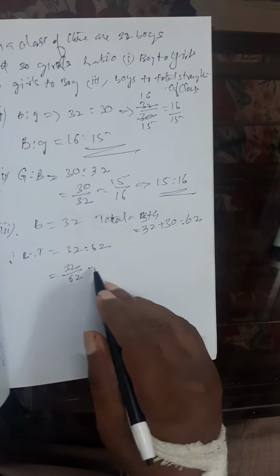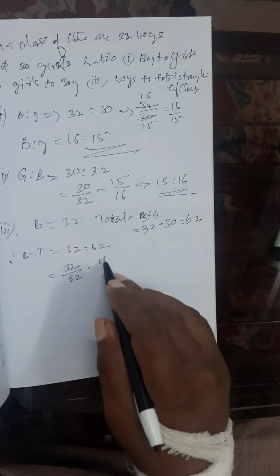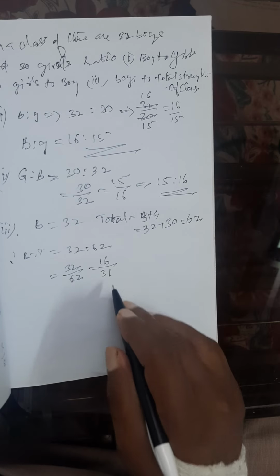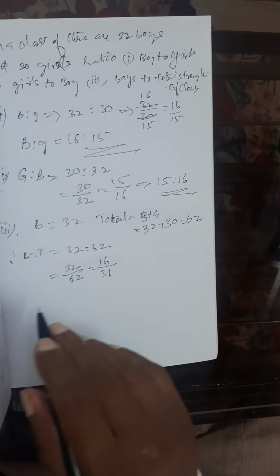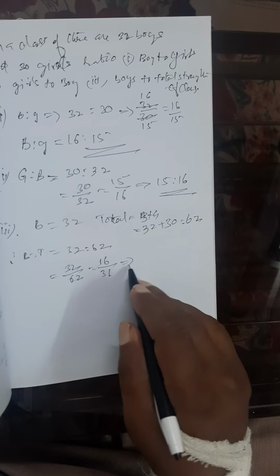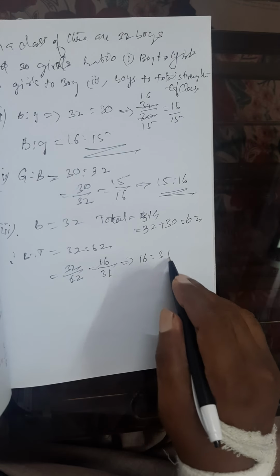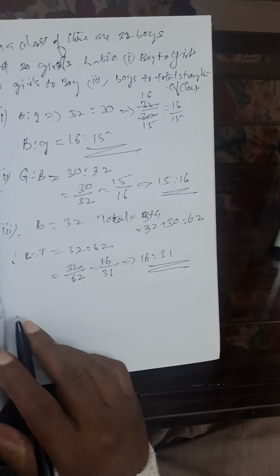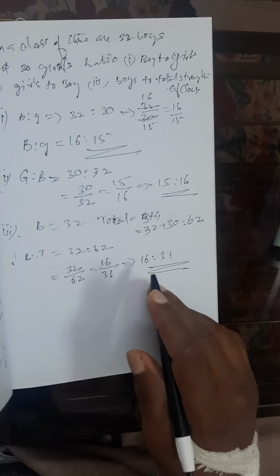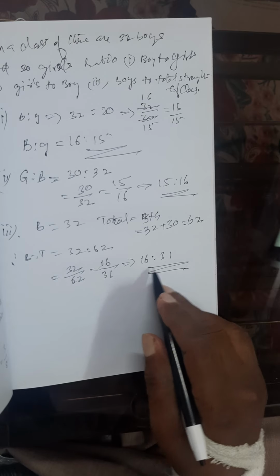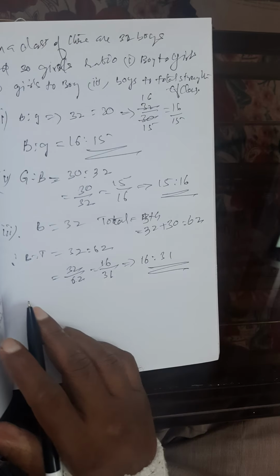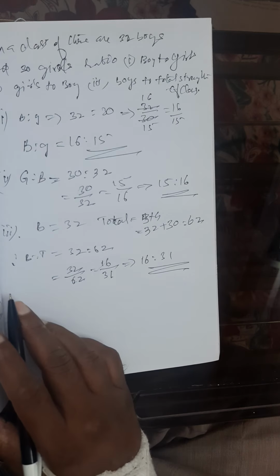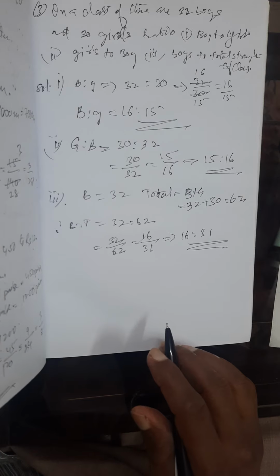Divide it with 2. 2 ones are 2, 2 sixteens are 32, 2 threes are 6, 2 ones are 2. 31 is a prime number, so this is the least fraction. 16 is to 31 is the least fraction. Like that we can convert any value and represent it in the form of ratios, and the smallest ratio we always have to take to represent that quantity.